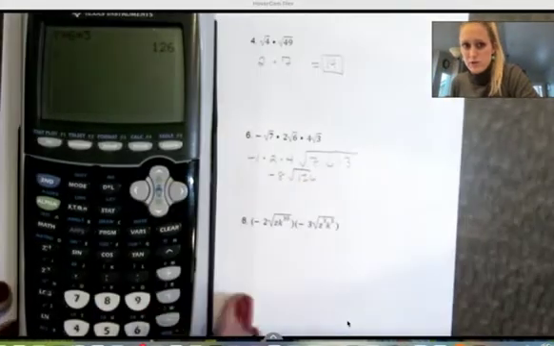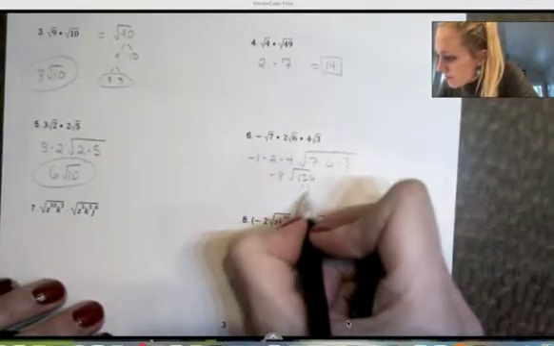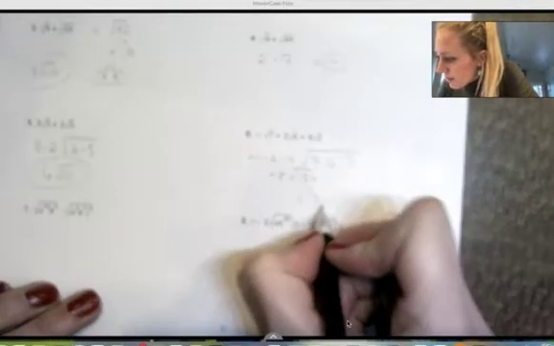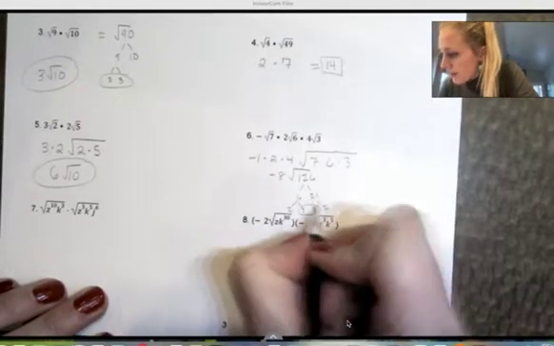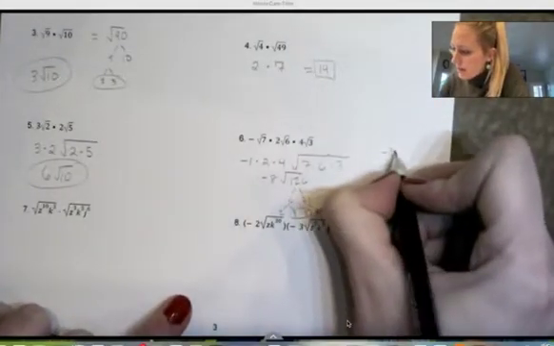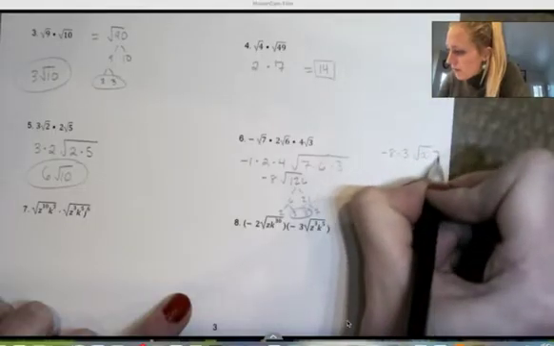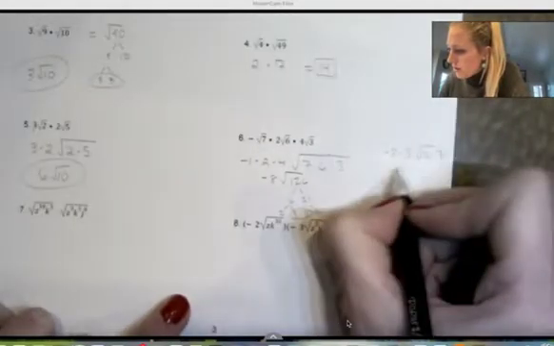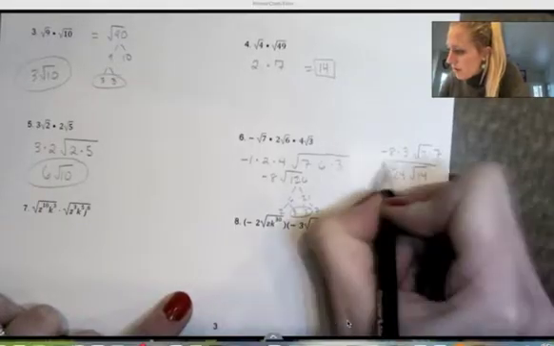So if I do 126 divided by 6, I get 21. 3 and 7, 2 and 3. So there I have a pair of 3s. Okay, so this is going to be -8 times 3 and then 2 times 7 underneath. So here I have -24 times the square root of 14.